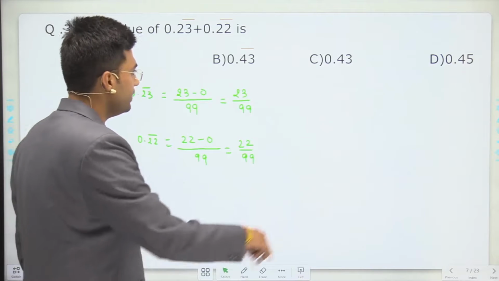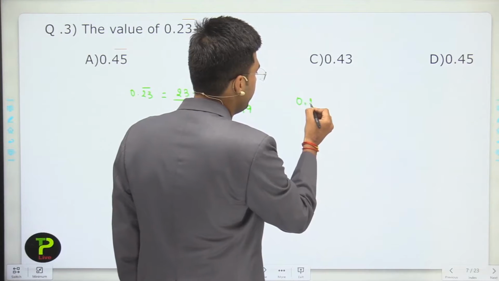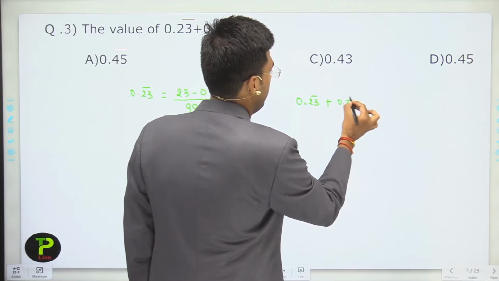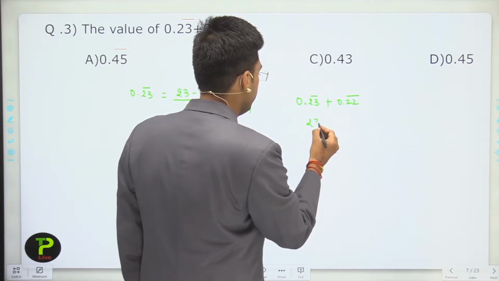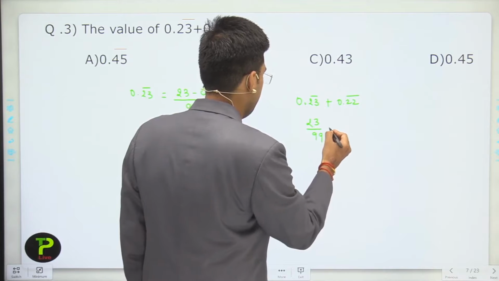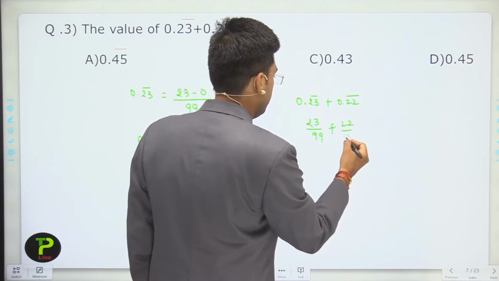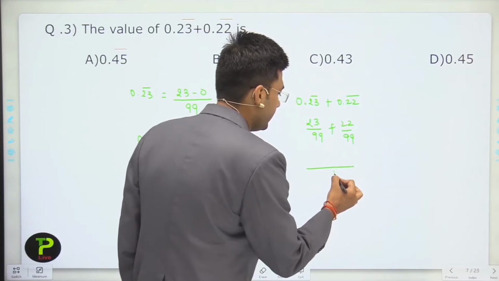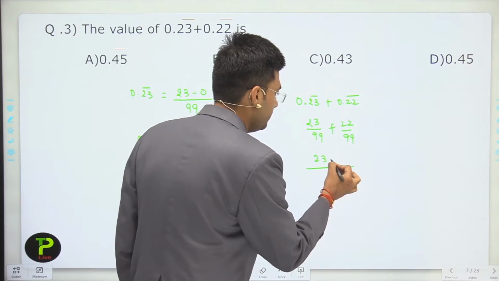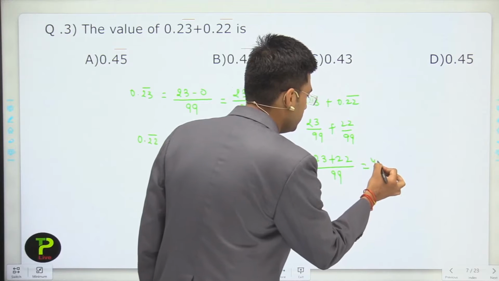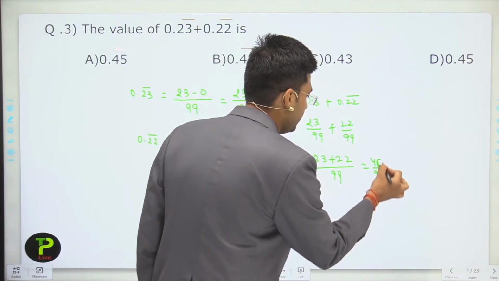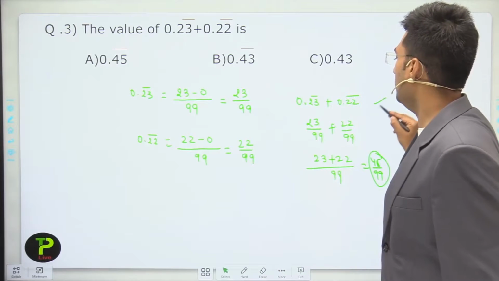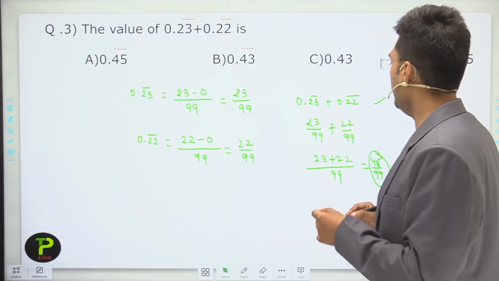Now dear students, we have to find the value of 0.23 bar plus 0.22 bar, and the value is 23 upon 99 plus 22 upon 99. And when we solve by taking the LCM 99, we will get 23 plus 22, that is equal to 45 upon 99. So this is the fractional form of the addition of 0.23 bar plus 0.22 bar.